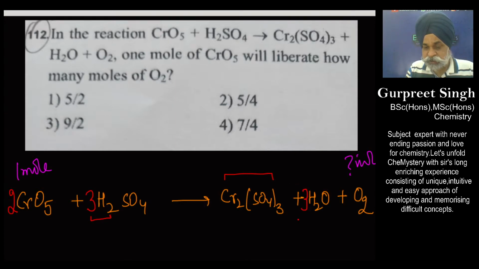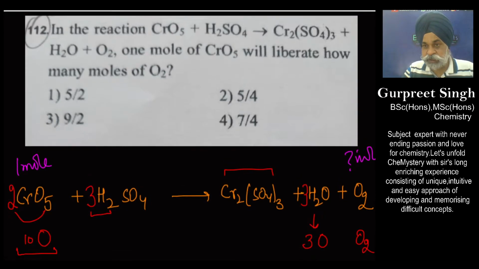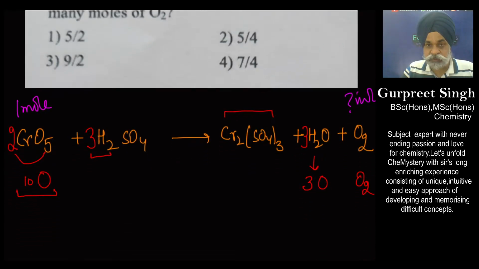The only thing we are left with is 10 oxygen. These are 10 oxygen atoms here, and on this side you have 3 oxygen atoms, and here you have O2. So there are 10 oxygen on the reactant side. If I am able to get 10 oxygen on the product side, I am through the question.